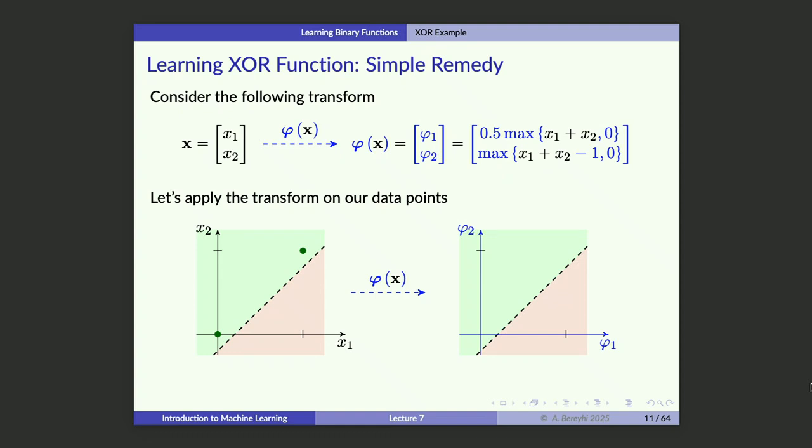So it's going to be 1 plus 1 minus 1. So it's going to be 1. Max of 1 and 0, it's 1. So if I put 0, 0 or 1, 1, they are going to remain in their place, okay? But what if I put 0, 1 or 1, 0? What's going to happen then? If I put 0, 1, what's going to happen?